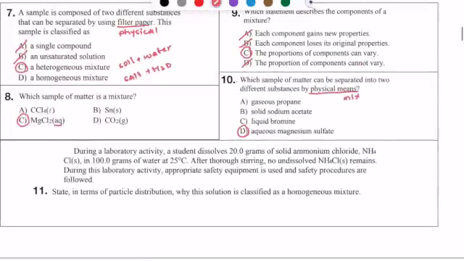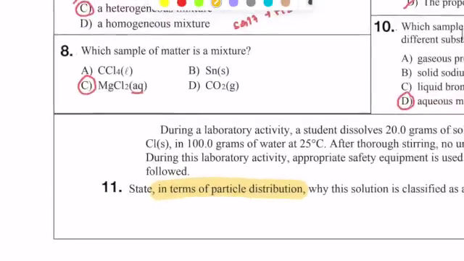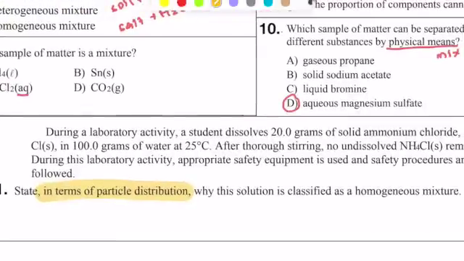Next up, it says, state in terms of particle distribution why the solution is classified as a homogeneous mixture. Now, please make sure that if the question says in terms of something, you do not ignore that part. So when you are answering this question, we do know what a homogeneous mixture is. I'm sure you all know what a homogeneous mixture is. This is when both the solute and the solvent are dissolved completely.